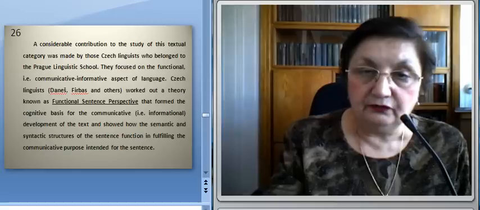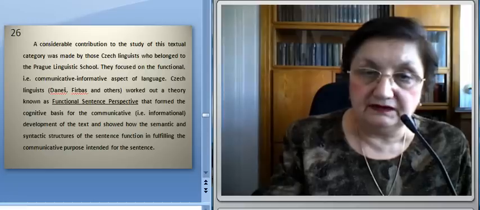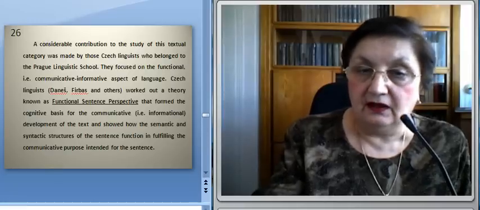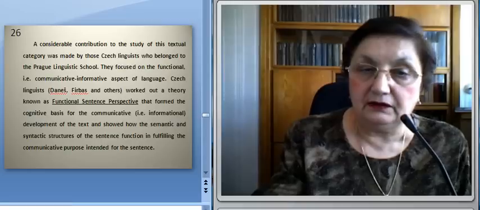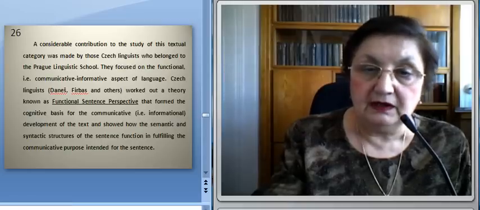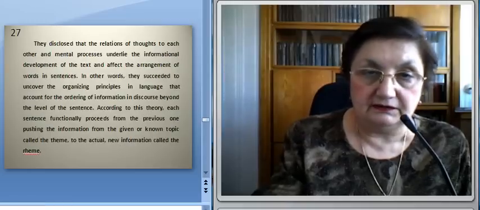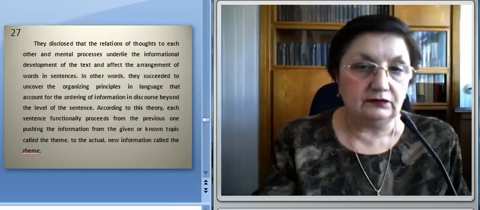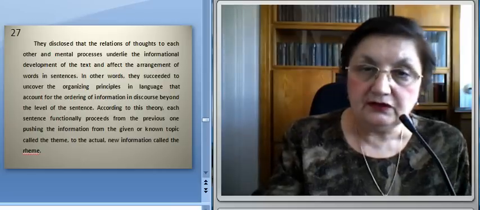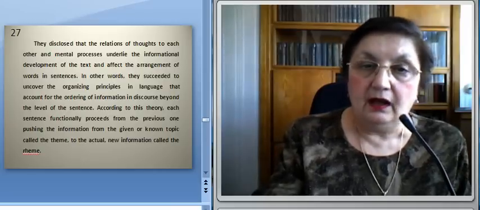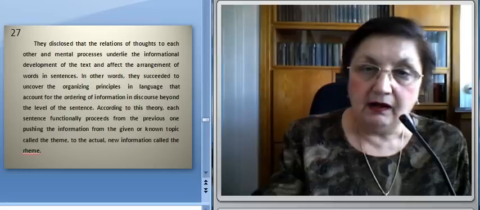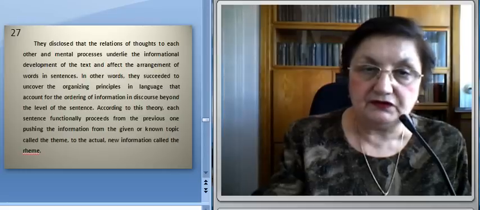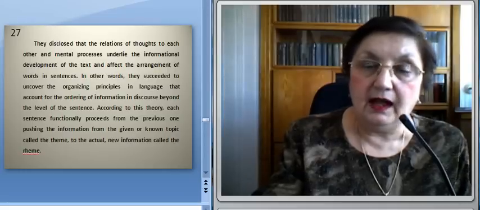They disclosed that the relations of thoughts to each other and mental processes underlie the informational development of the text and affect the arrangement of words in sentences. In other words, they succeeded in uncovering the organizing principles in language that account for the ordering of information in discourse beyond the level of the sentence.